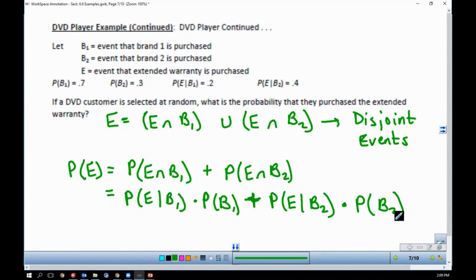Looking at our formula that we have written out and the information given, hopefully you can see that they've given us everything we need. So E given B1, that probability is 0.2. The probability of B1 is 0.7. So 0.2 times 0.7 plus the probability of E given B2 is 0.4 times the probability of B2, 0.3.